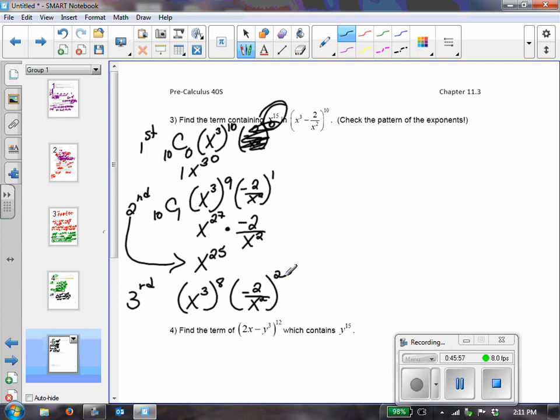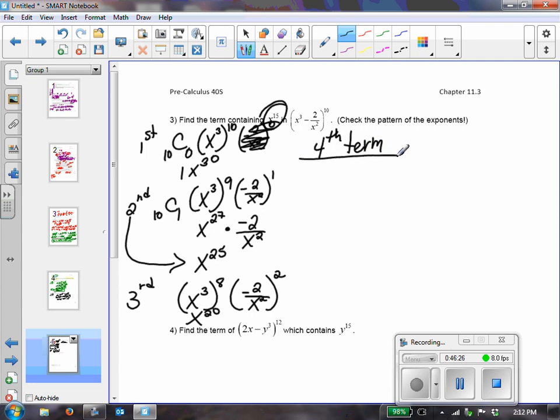So 24 minus 4 is 20. In the third term, it'll be x to the exponent of 20. The pattern I notice is I'm going down by 5. So what term will have x to the exponent of 15 in it? The fourth term.